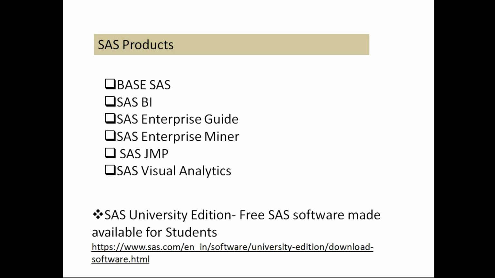It is a visualized, drag and drop type analytical tool, and although its license is very expensive, it is used by people who do not have much coding experience but are aware of statistical data analysis techniques. So business users can directly make use of SAS Enterprise Miner and do their analysis in it.